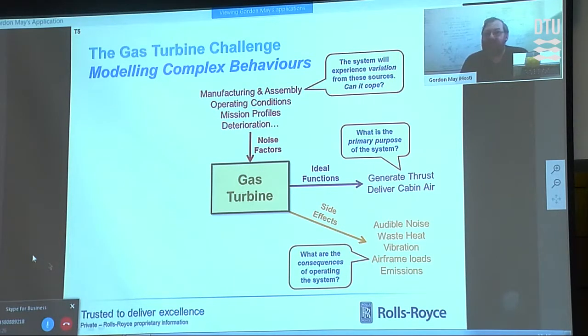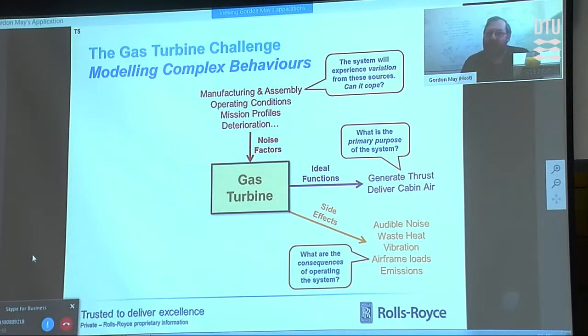We also have to consider the usage and the environment within which it's going to operate. These influence our design choices at the end of the day, but these are also many of the sources of uncertainty in the analysis. We will make key assumptions about certain things, particularly when we define characteristics of the gas turbine.